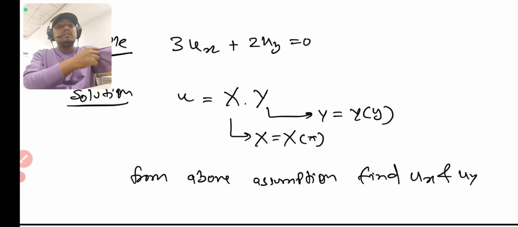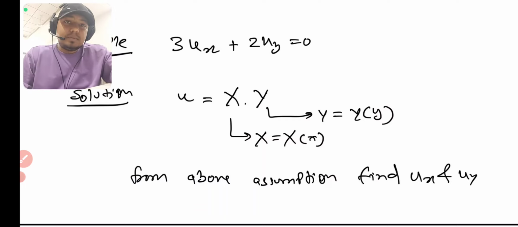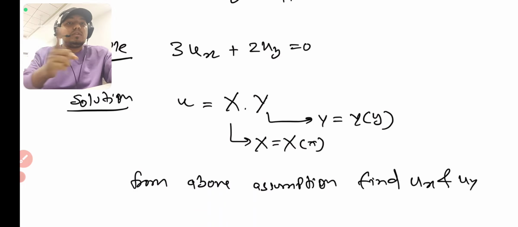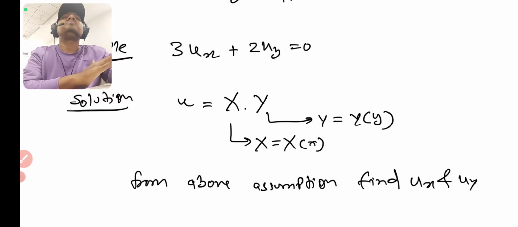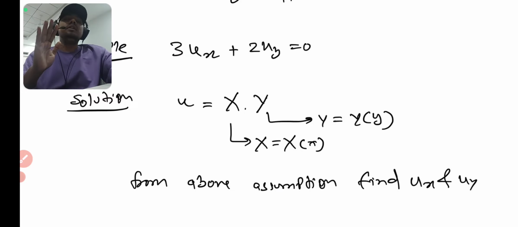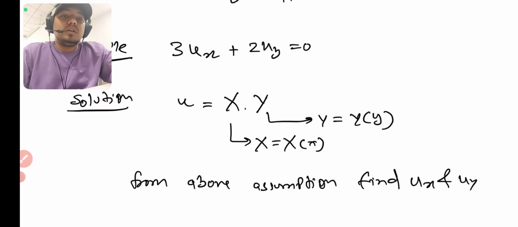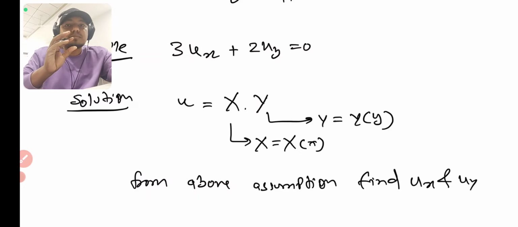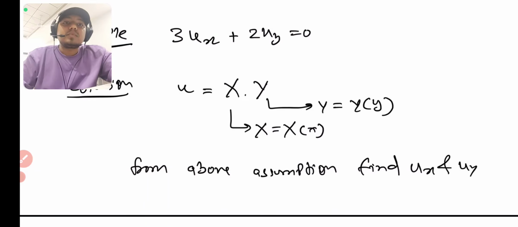Functions can be anything. Capital X has to be a function of x alone. Capital Y has to be a function of y alone. So the small u I have written here is like a z. So finally, when the solution comes, it is like this only: u is equal to function of x into function of y.